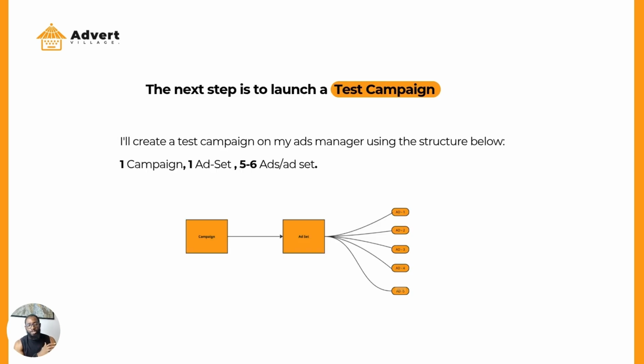The next step is to launch my campaign, which is a test campaign. Back then, all we used to do was create one campaign, create multiple ad sets, and include one advert per ad set. No. Right now, all you can do is create one campaign, one ad set, and put in at least 5 to 6 adverts under that ad set. This is something you need to know.